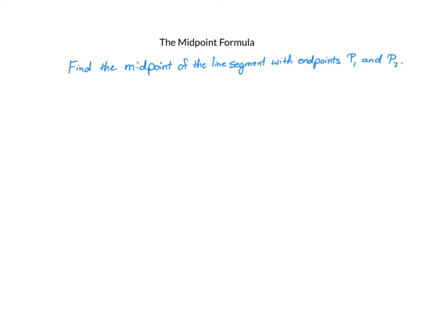Let's practice finding the midpoint with this example. The endpoints of our line segment will be (-3, 11) and (15, 27). So our midpoint will be the average of the x-coordinates. So that's -3 plus 15 divided by 2.